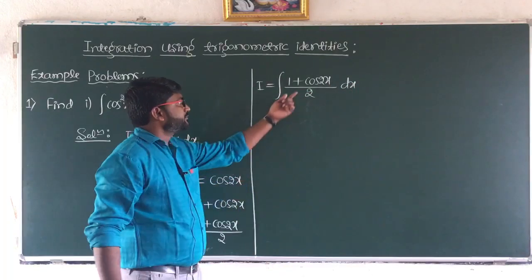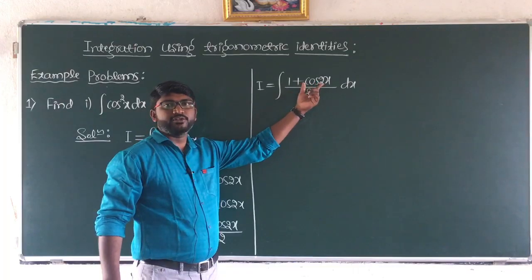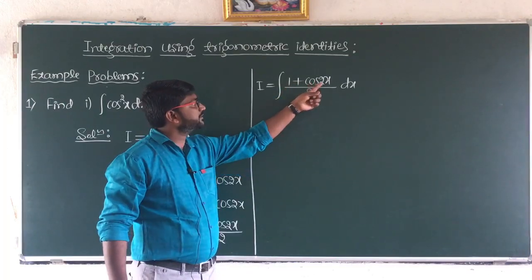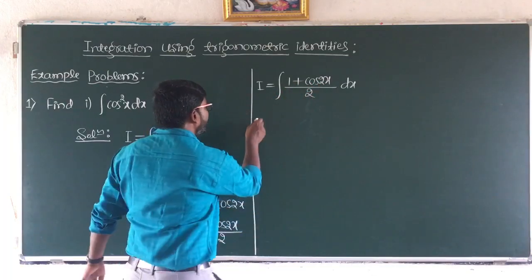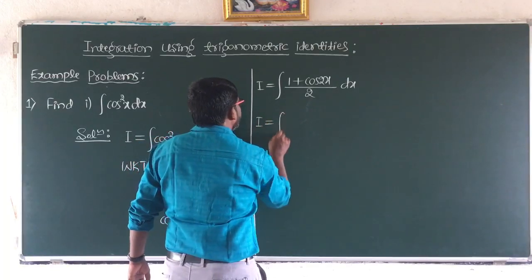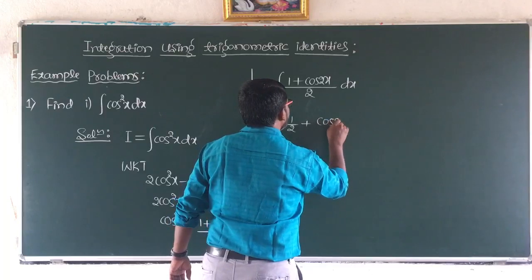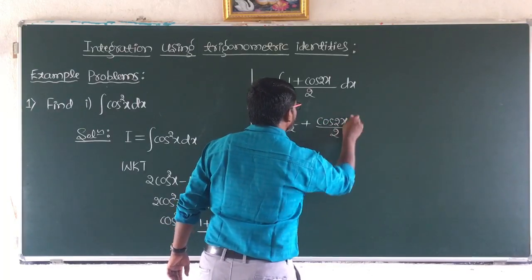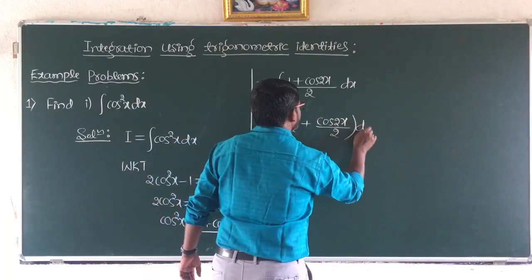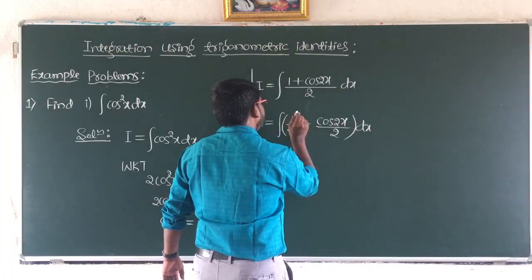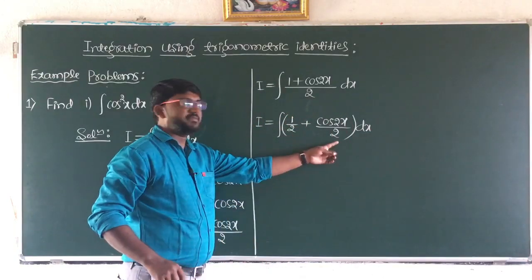Now split the numerator into 2 terms. It becomes 1 by 2 plus cos 2x by 2. I is equal to integral 1 by 2 plus cos 2x by 2 dx. Now we can integrate them separately.